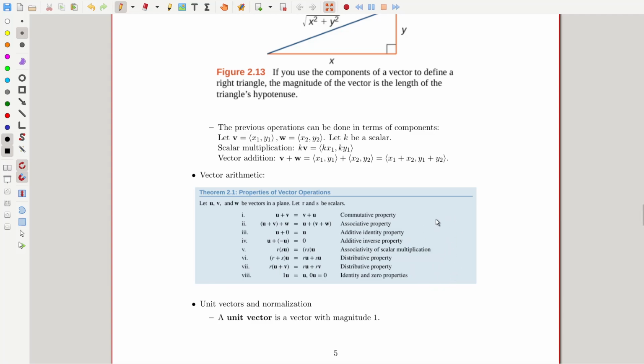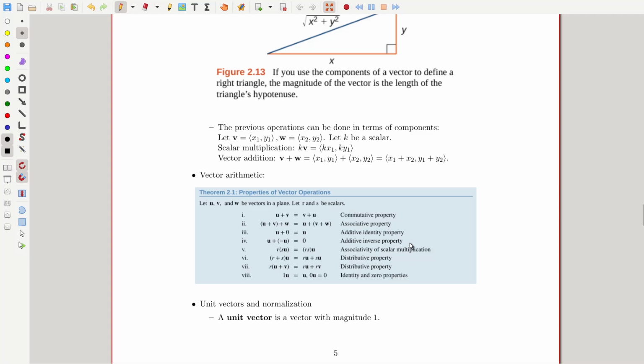Okay. Right, now this theorem in the book, I thought to include it, although it doesn't necessarily show up in exercises that you have, but it's a way to think about the fact that you can do arithmetic on vectors. They actually satisfy all these axioms that you probably saw the real numbers satisfy, like commutativity of addition, associativity of addition, additive identity, additive inverse.